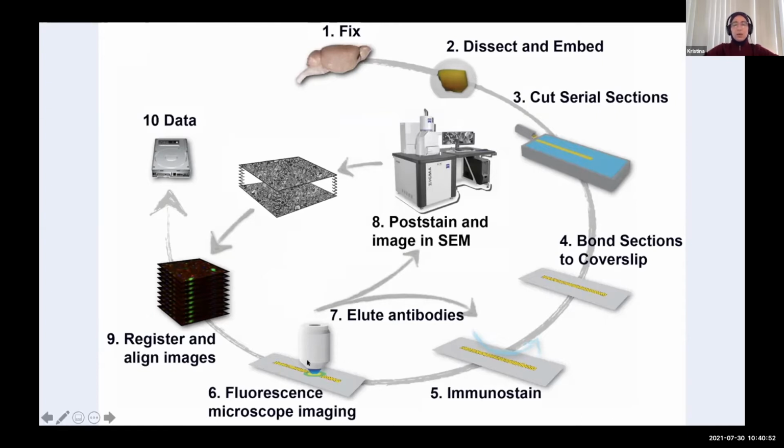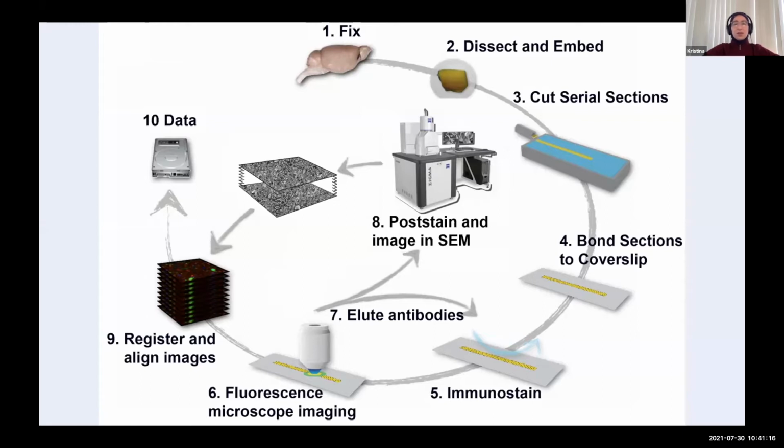And then whenever the fluorescence imaging is done, if the tissue is prepared the right way to be used for electron microscopy, one can post-stain it with heavy metals and image in the scanning electron microscope and obtain the ultrastructure from exactly the same area where the immunofluorescence was obtained.